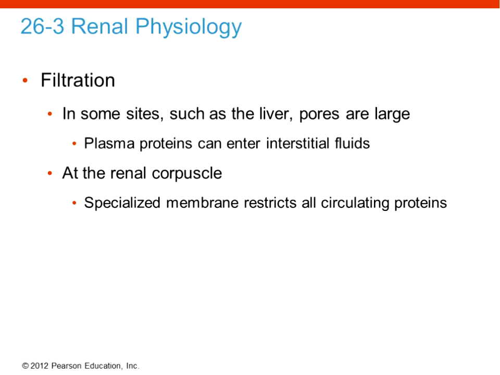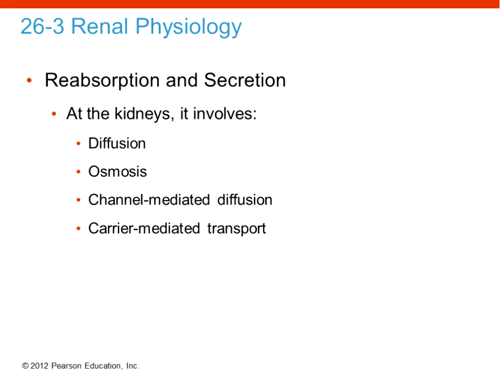That's essentially how filtrate is produced. In certain areas like the liver, for instance, you have larger pores that allow larger proteins to enter, but here we're seeing a specialized membrane that restricts those proteins from being filtered. Okay?